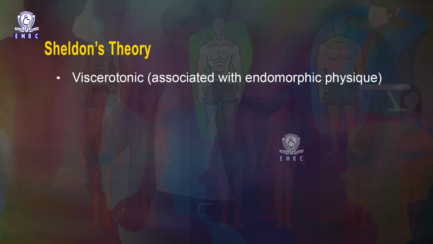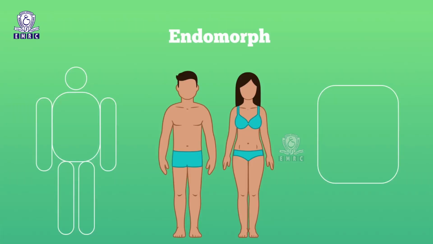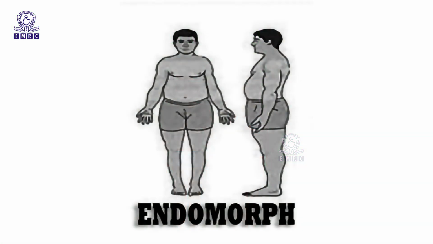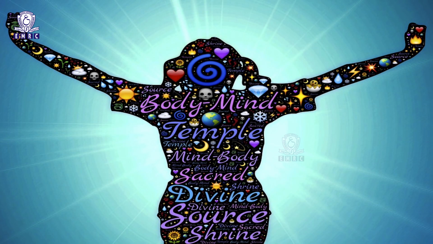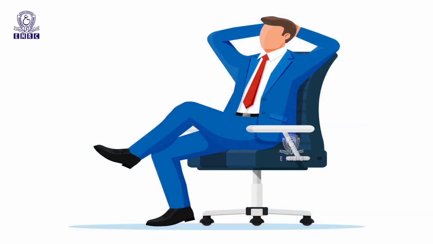First, let us understand viscerotonic, which is associated with endomorphic physique. The physical features of this type are a predominance of soft roundness throughout the various regions of the body. When endomorphy is dominant, the digestive viscera are massive and tend to relatively dominate the bodily economy. The personality type here is viscerotonic. The person here is relaxed in posture and movement.